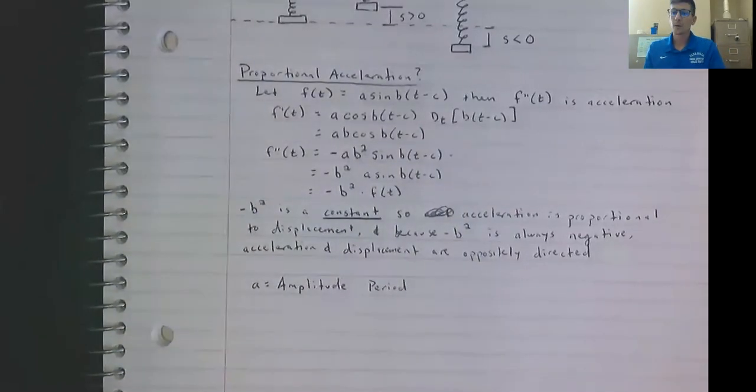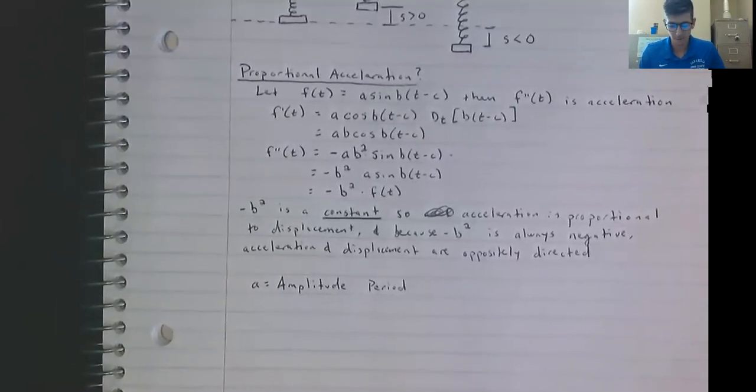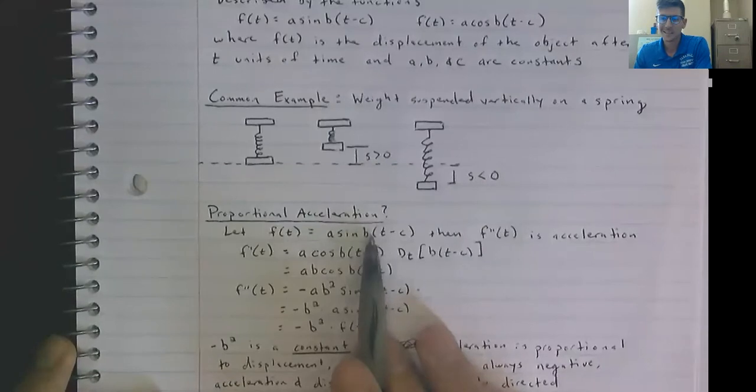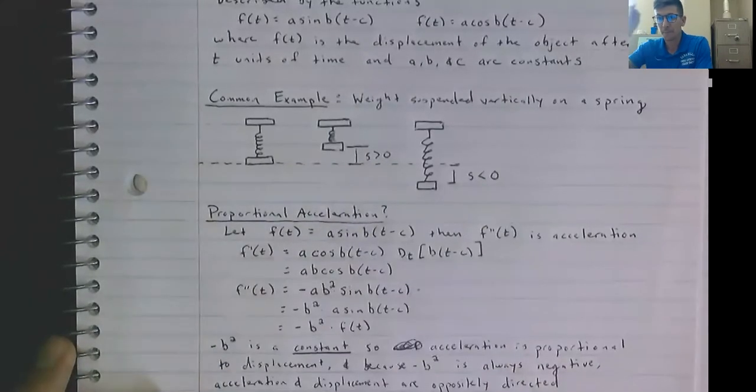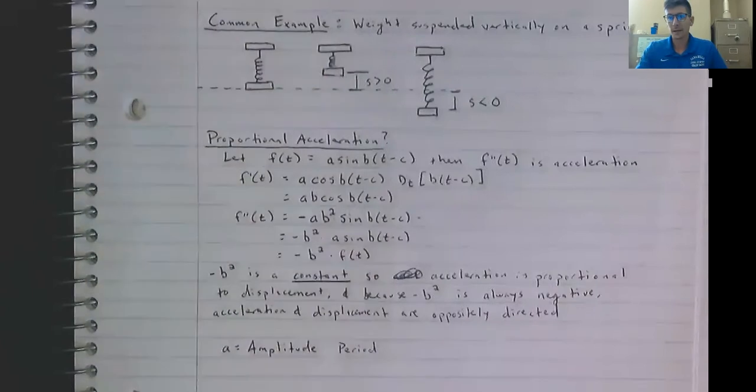In a normal period, we know that we go through all of our values in 2 pi radians. Once around the circle, we've hit all of our sine and cosine values. When we throw in this little b guy, he's either going to speed us up or slow us down, which is going to decrease or increase our period. So we take our standard period of 2 pi and divide it by b.